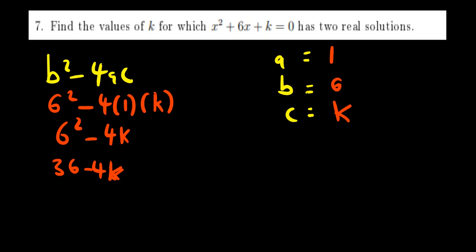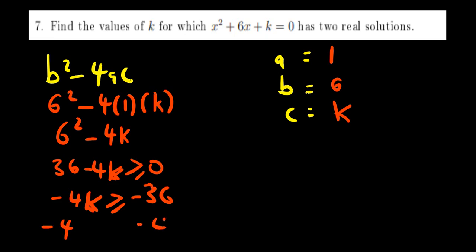Now, when you're talking about two real solutions, this expression should be greater than or equal to 0. You want non-negative numbers, so you're going to solve this inequality. We have negative 4k greater than or equal to negative 36, since the positive 36 moves to the other side as negative. Then we divide by negative 4 on both sides.